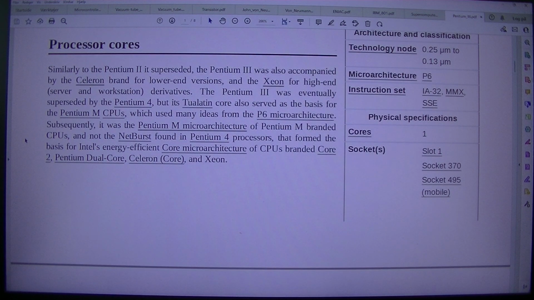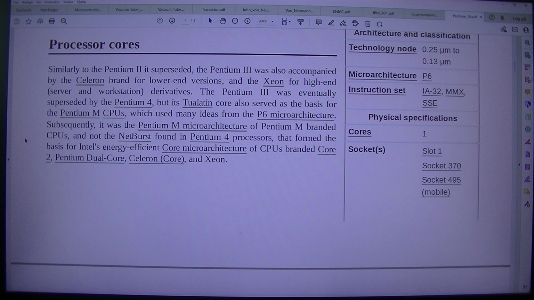Processor cores. Similarly to the Pentium 2, the Pentium 3 was also accompanied by the Celeron brand for lower-end versions, and the Xeon for high-end server and workstation derivatives. The Pentium 3 was eventually superseded by the Pentium 4, but its Tualatin core also served as the basis for Pentium M CPUs, which used many ideas from the P6 microarchitecture.